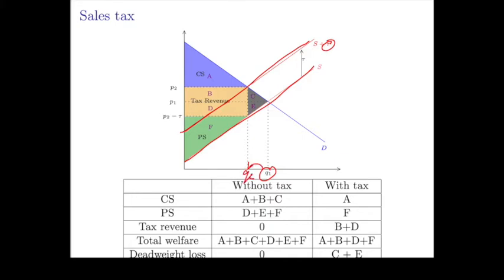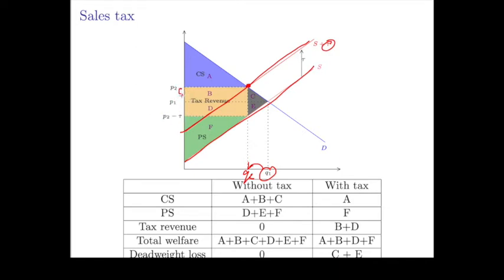The price that the consumers pay is going to increase from P1 to P2, and the producers are going to have to return tau dollars out of every unit that they sell to the government as a tax. So the price that they receive is going to be P2 minus tau.